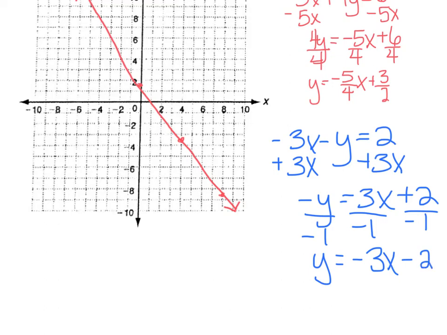minus 2. So we start at negative 2, and then my slope says to go down 3. 1, 2, 3, and then over 1 because it's a whole number. I know it's not going to cross this way, so I'm going to go up and do the opposite.